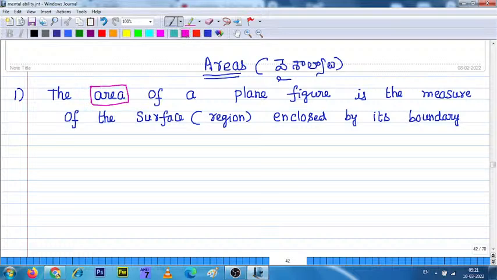The area of a plane figure is the measure, that's nothing but a quantitative measure, of the surface or region enclosed by its boundary. That is called area.